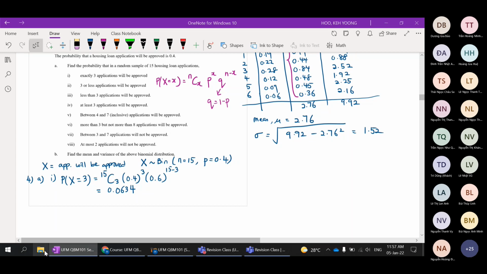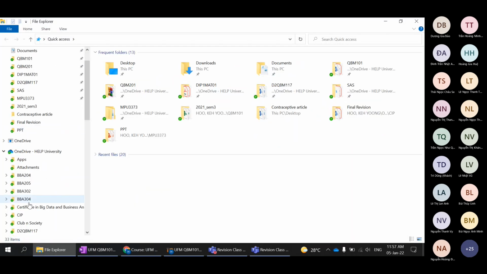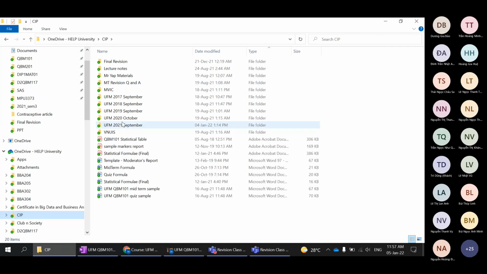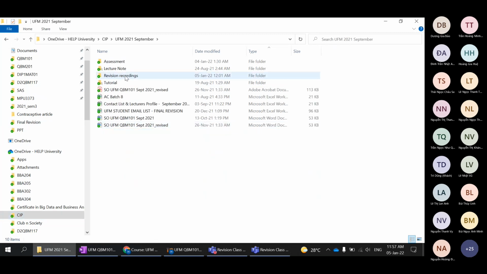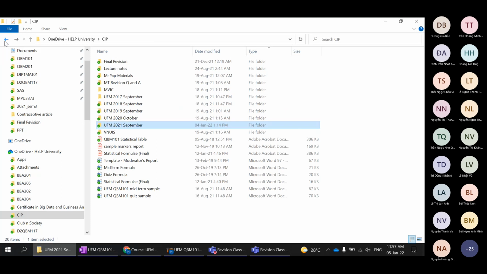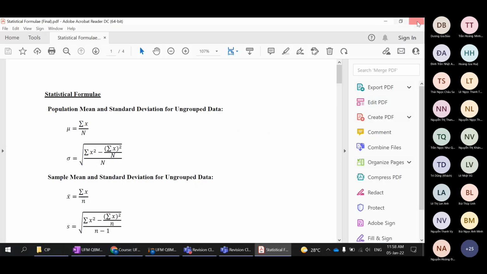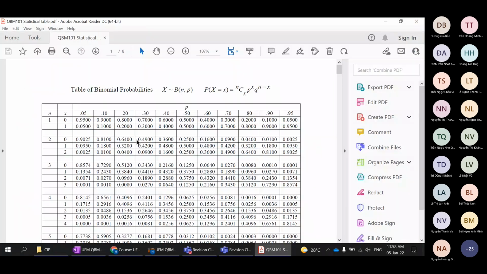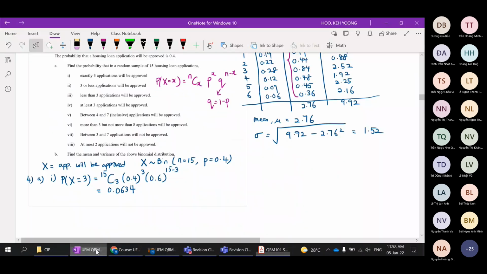You guys also have the statistical tables with you, right? I've shared the statistical table. Where is my statistical table? This is the formula sheet; the statistical table is this one.